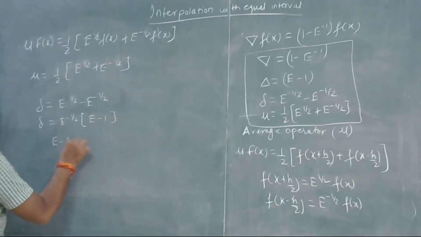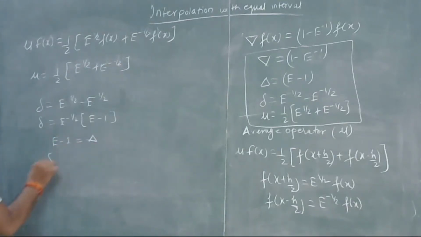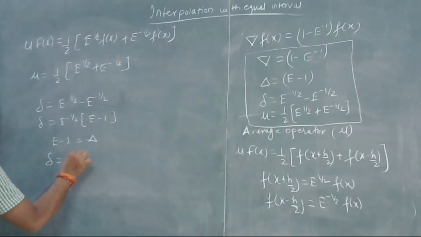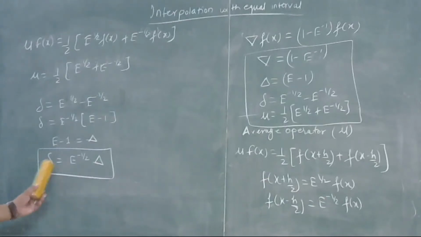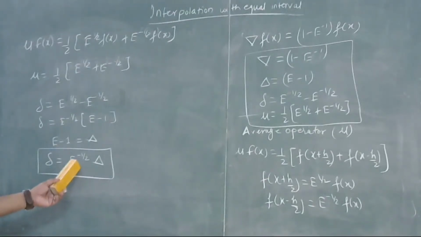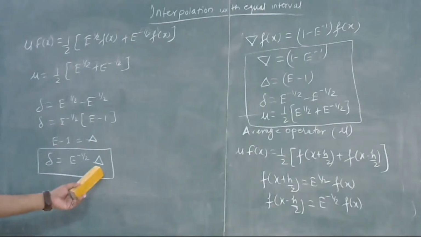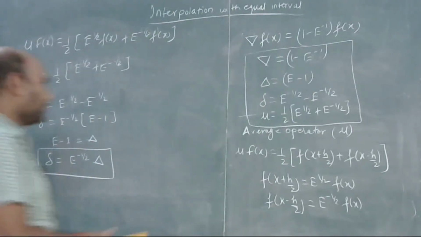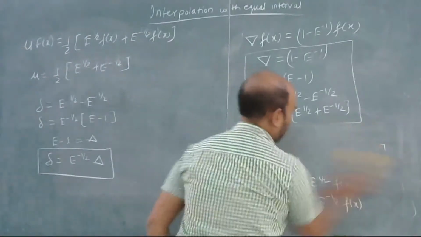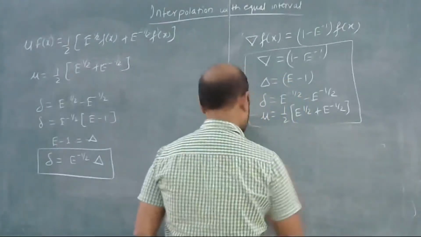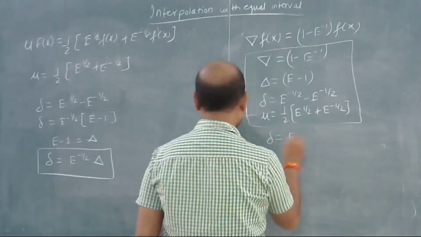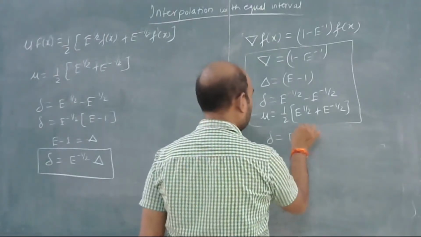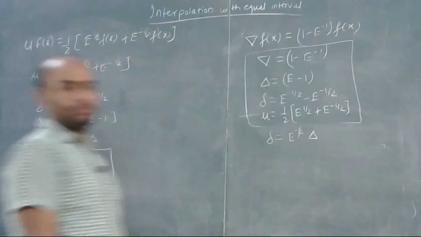E minus 1 is Δ. So this will be equal to E^(-1/2) into Δ. So the central difference operator is equal to E^(-1/2) into the forward difference operator. Okay, so the next relation is δ equal to E^(-1/2) Δ.